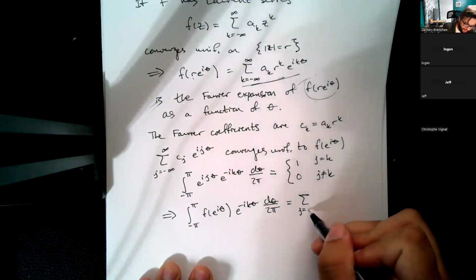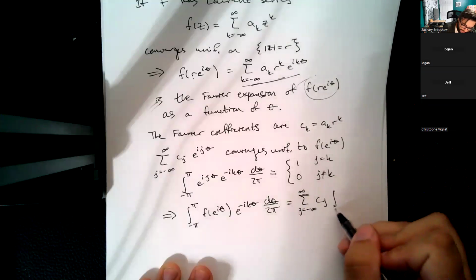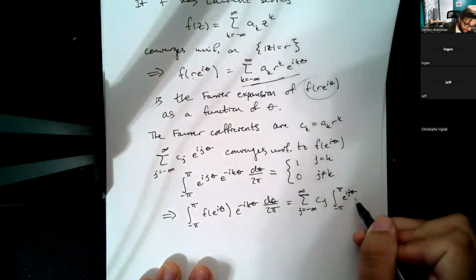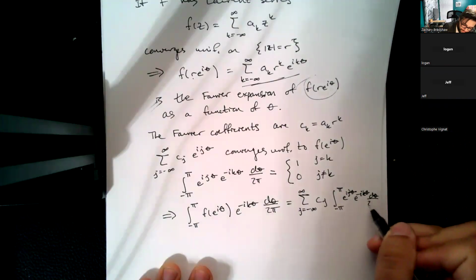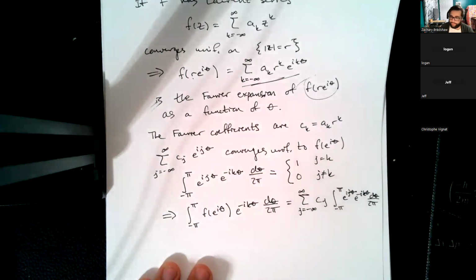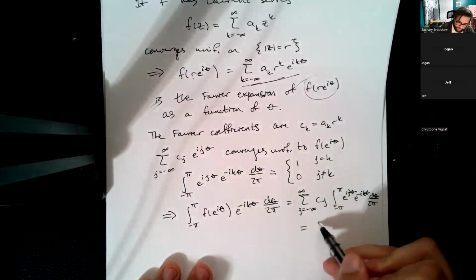So this is the sum from j equals minus infinity to infinity, c_j, integral from minus pi to pi, e to the i j theta, e to the minus i k theta, d theta over 2 pi. And now I use this orthogonality result for these exponential functions, and this becomes c_k.